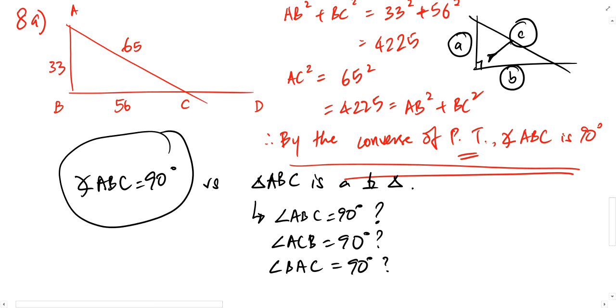Therefore, when you use the converse of Pythagoras theorem, you are very clear about which is the 90 degrees. By writing "therefore ABC is a right angle triangle," it is a little ambiguous. Okay, so that is for part A.